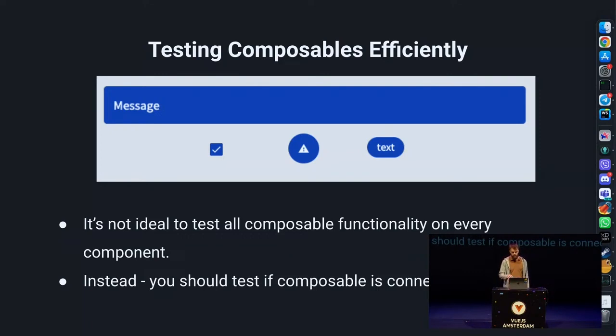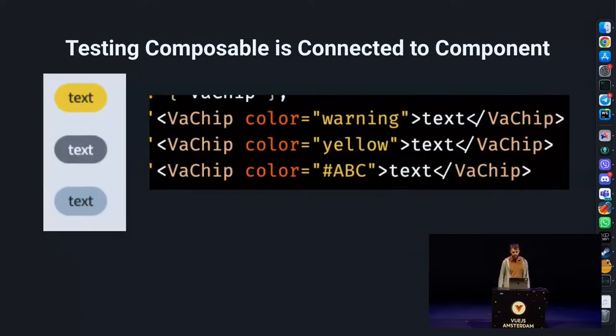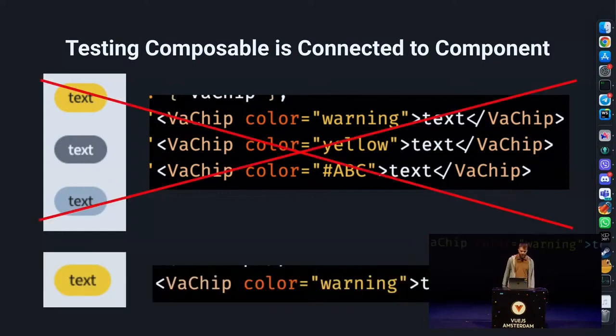So I think we should test in stories for components only if the component is connected properly. In this case, we have one prop and we're testing 3 different things. I believe this is wrong. Instead, we should test only one thing. And in this case, color is a bit convoluted, so it's actually a complicated composable.